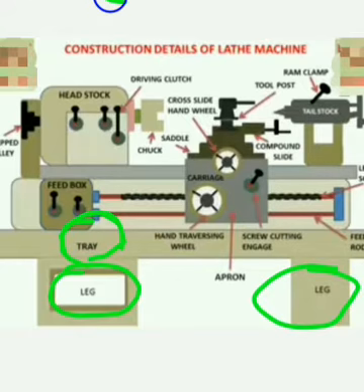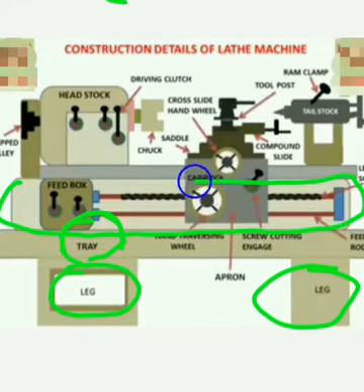Why is the tray used, or what is the function of the tray? The tray is used to collect hot chips which are produced during various operations on the lathe machine. On the tray there is a bed. This portion is called the bed of the lathe machine.